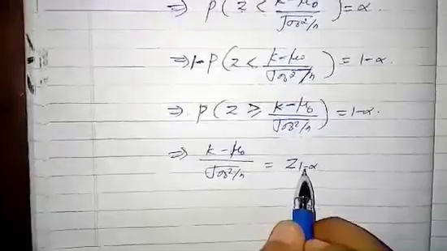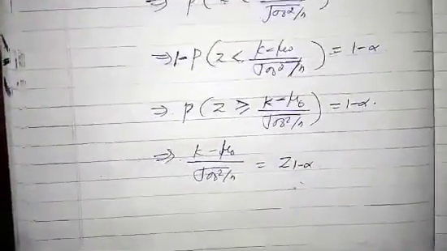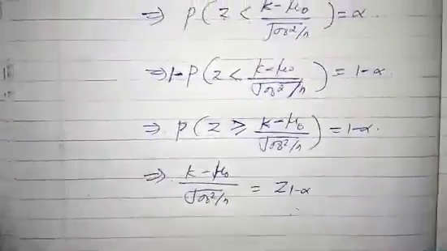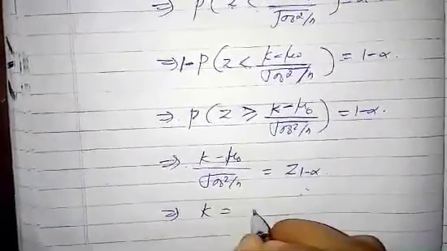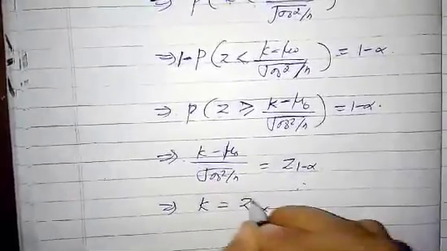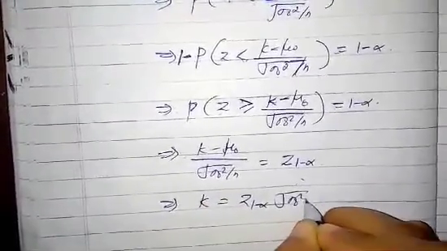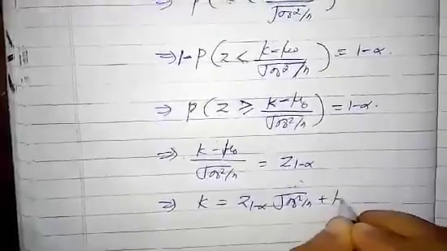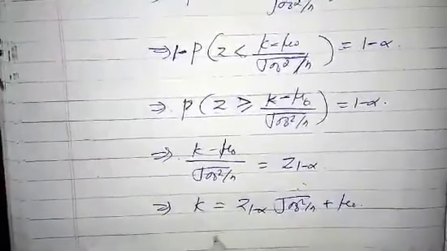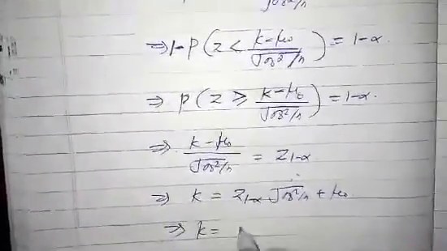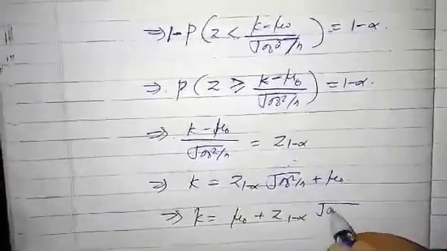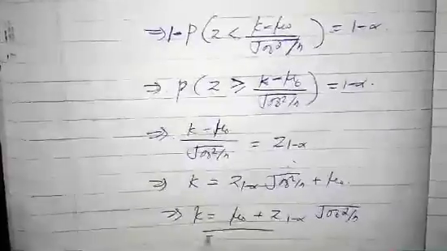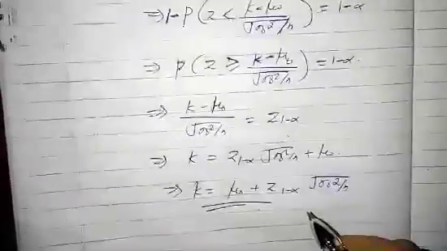We can obtain this value from the standard normal distribution table. Since we want to find the k value, k equals z 1 minus alpha times square root of sigma naught square divided by n plus mu naught, which implies k equals mu naught plus z 1 minus alpha square root of sigma naught square divided by n. This is the value for k.